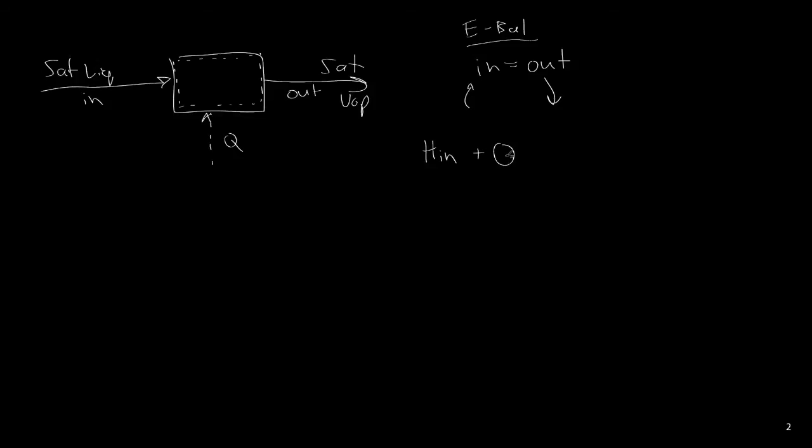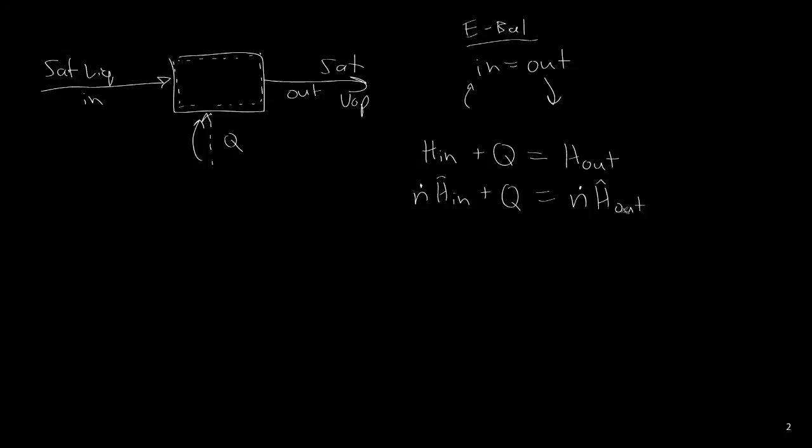We have enthalpy entering in the form of energy Q, based on how we've drawn the arrow going into the system, and the energy leaving the system is the total enthalpy out. Now we can also write this as the molar flow rate entering the system times the specific enthalpy of the material entering the system, plus Q, and the same for the outlet.